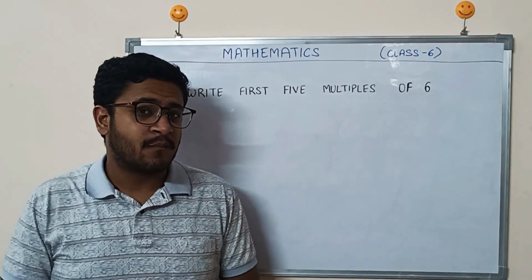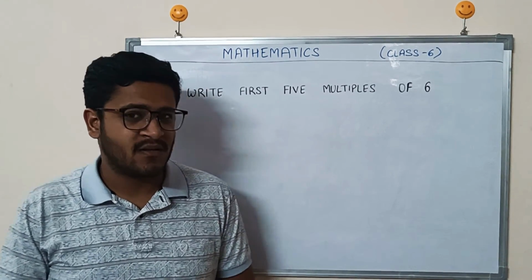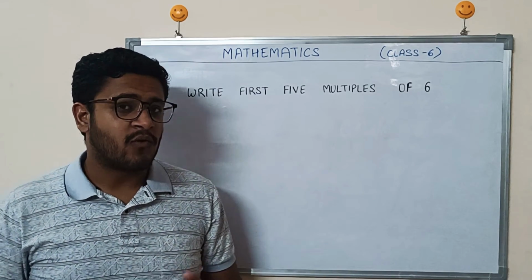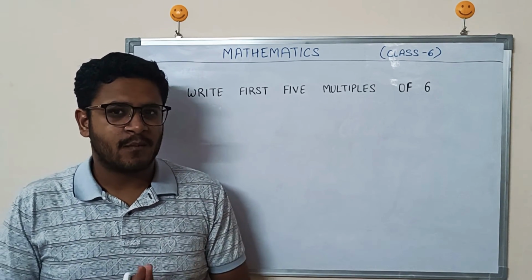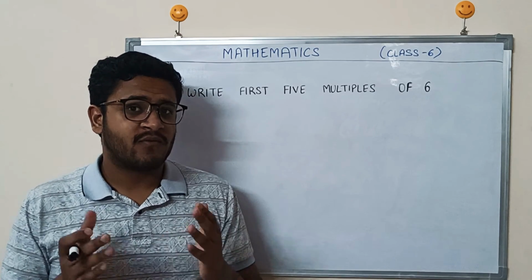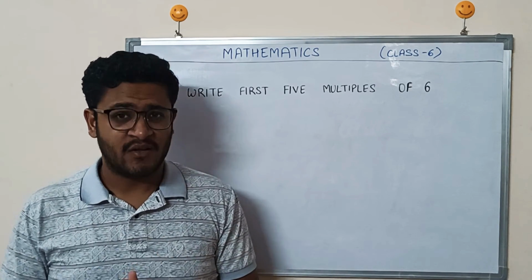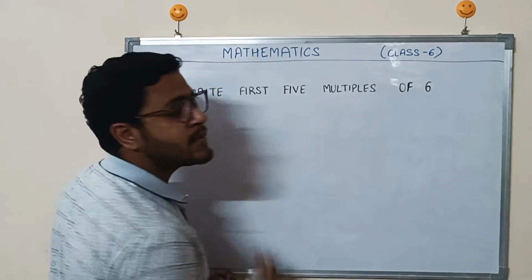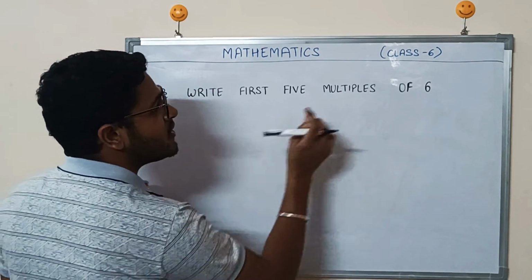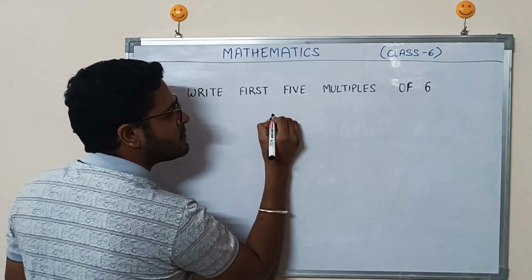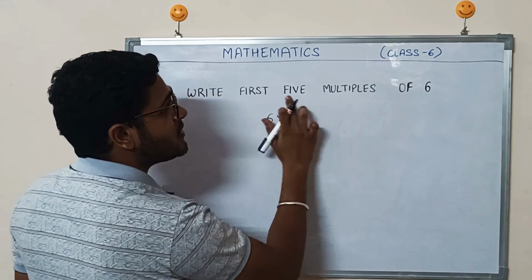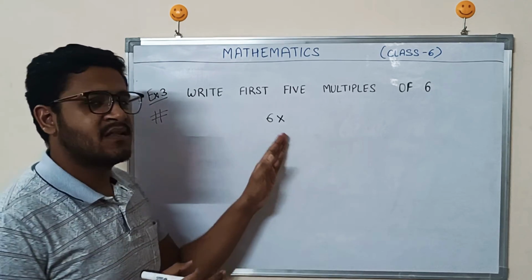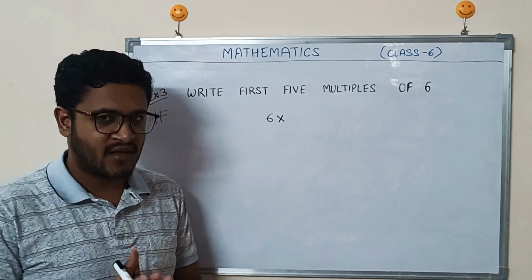Now let's take one example related to finding the multiples of a number. Write the first 5 multiples of 6. What we discussed: a multiple is a number which is a product of that given number and any natural number, right? So in order to find the first 5 multiples of 6, we need to multiply the given number with the first 5 natural numbers.